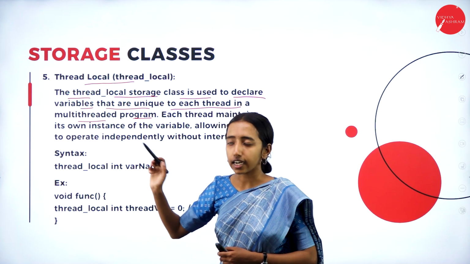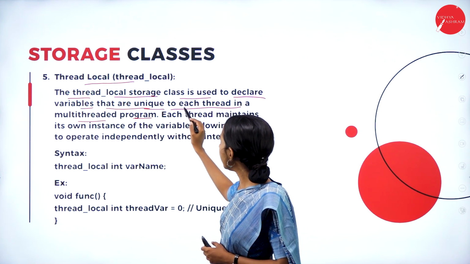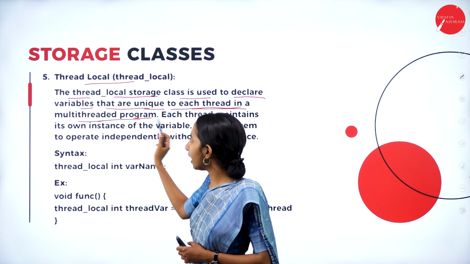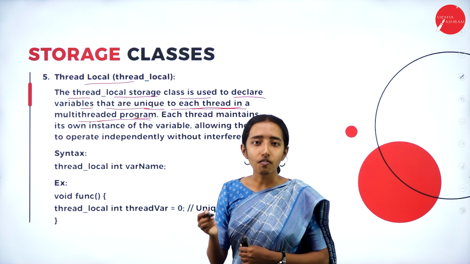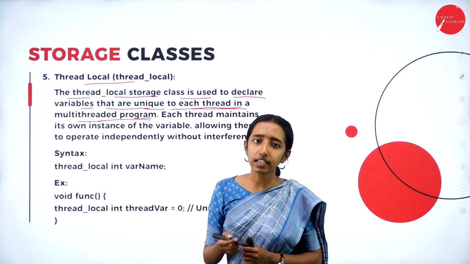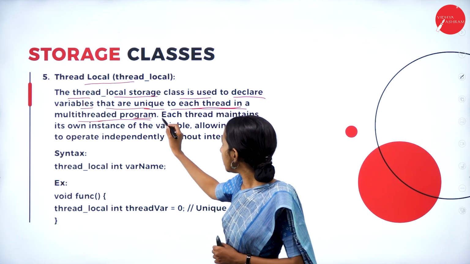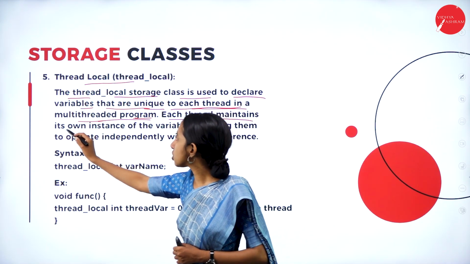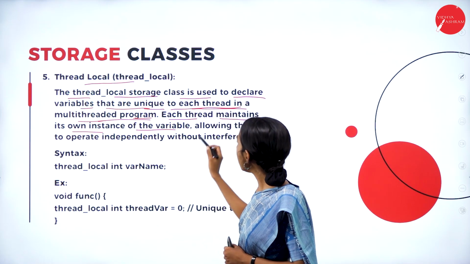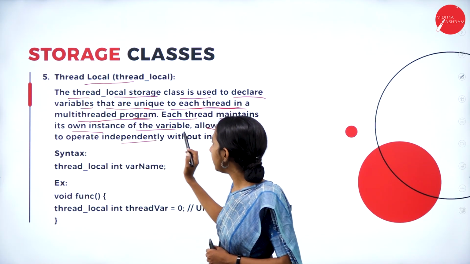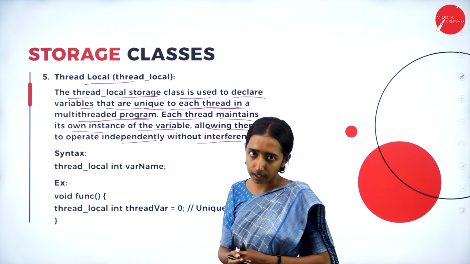In Java programming, we can see multi-threading. Each thread maintains its own instance of the variable, allowing threads to operate independently without interference.